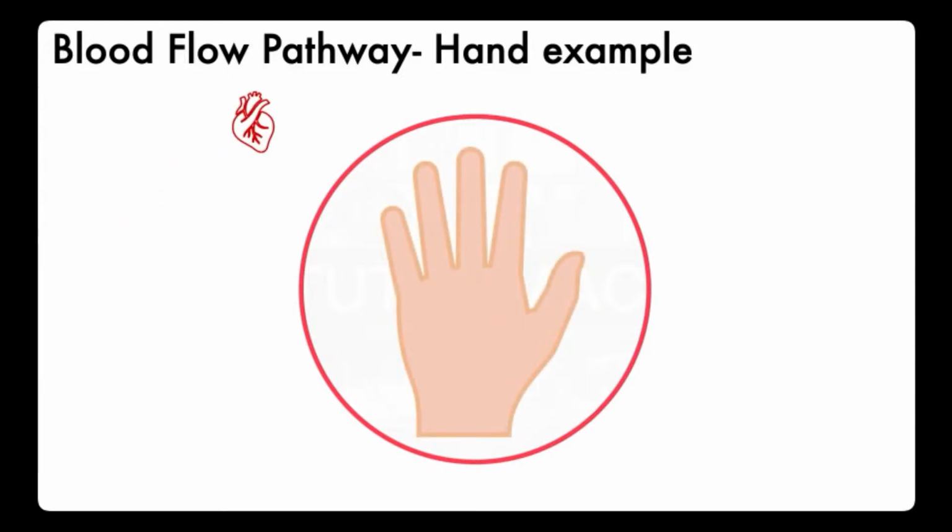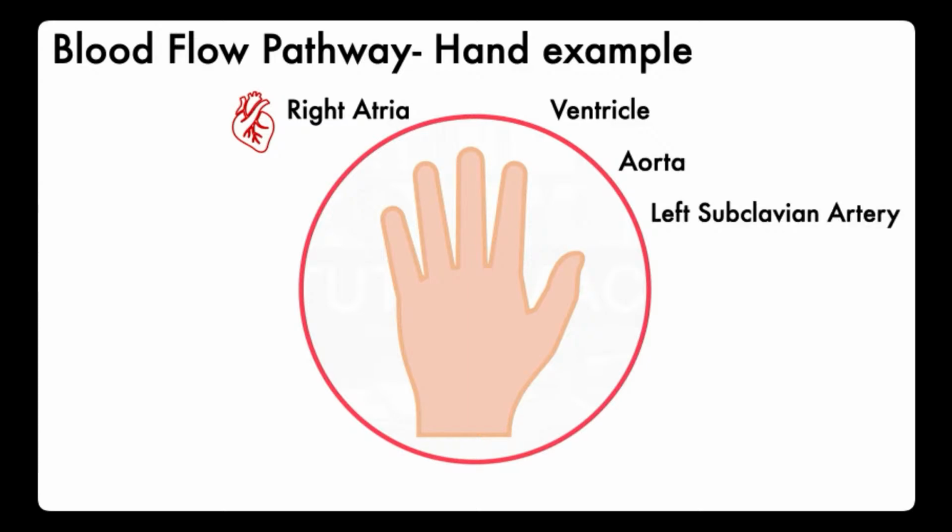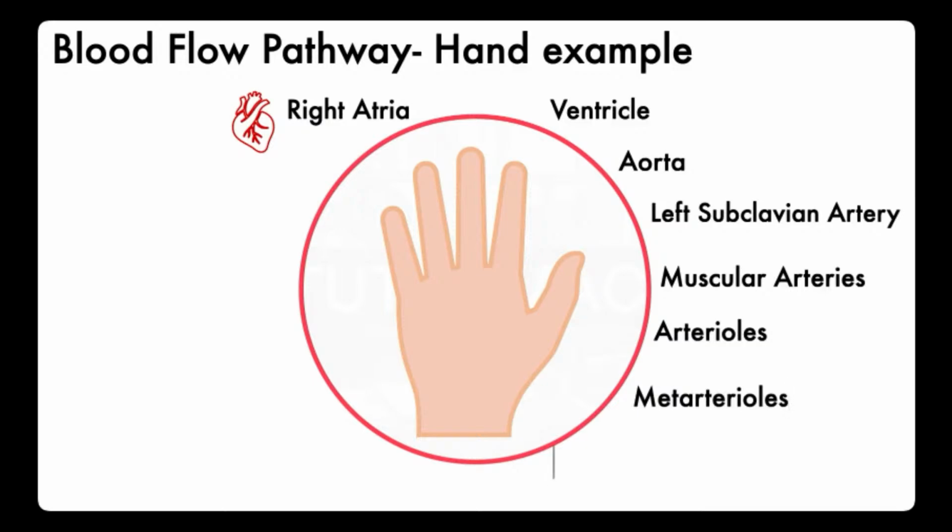Let's talk blood flow pathway using the hand as an example. We're going from the left ventricle out the aorta to the left subclavian artery. From the left subclavian artery, we're going to hit the muscular arteries, then arterioles. That's right, meta-arterioles. Yes, capillaries.